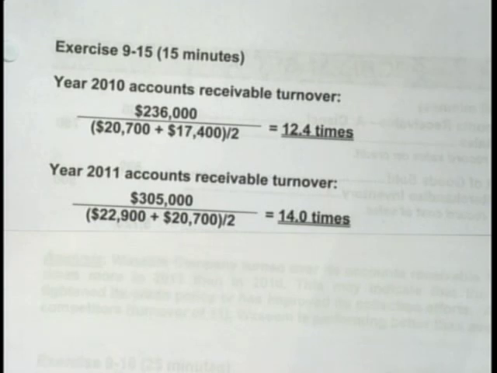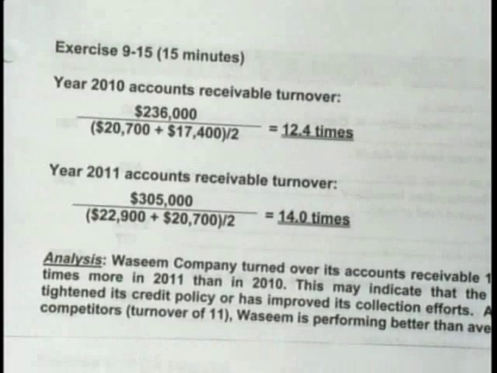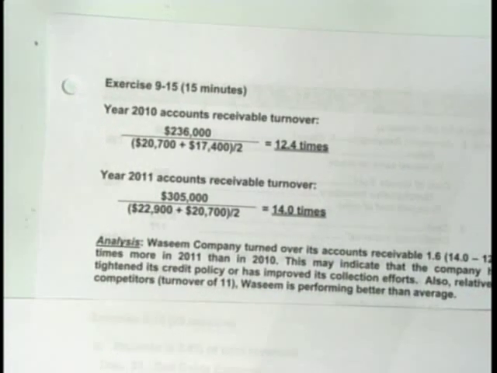Did anybody have that mess up the first time they did it? Okay, good. Okay, well, are things getting better or are they getting worse? They're getting better. Receivables are coming in quicker, and relative to their competitors, they're doing pretty well also, aren't they?